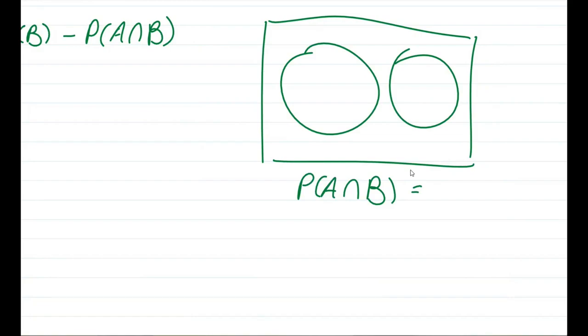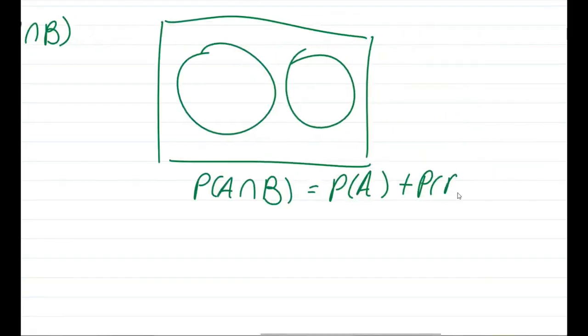The sum of both, the probability of A plus the probability of B, right? Numerically, the probability of A and B should be equal to what?